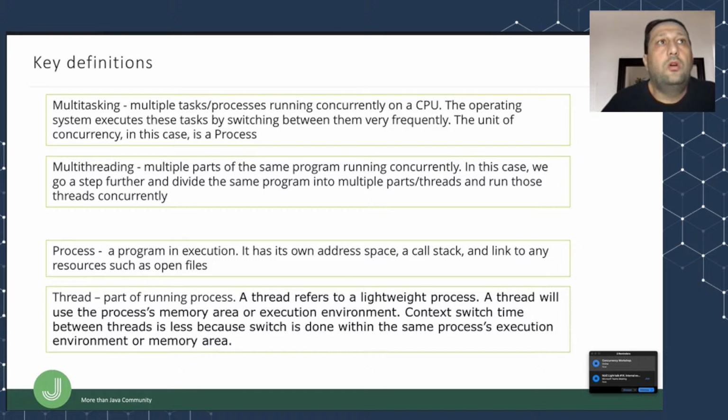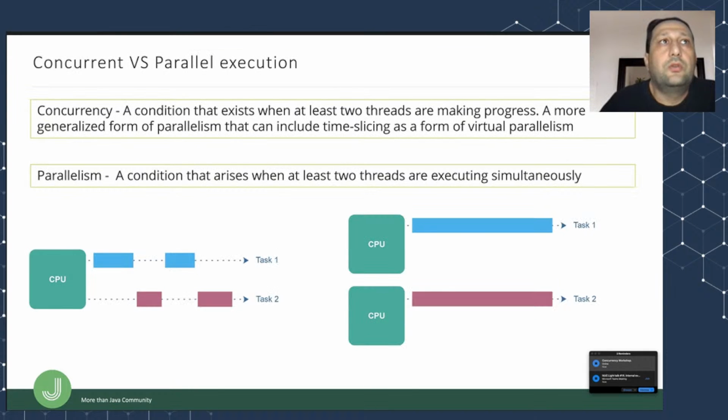We'll move on. In multithreading, we have concurrency and parallel execution. Concurrency: a condition that exists when at least two threads are making progress. A more generalized form of parallelism that can include time slicing as a form of virtual parallelism. Parallelism: a condition that arises when at least two threads are executing simultaneously.